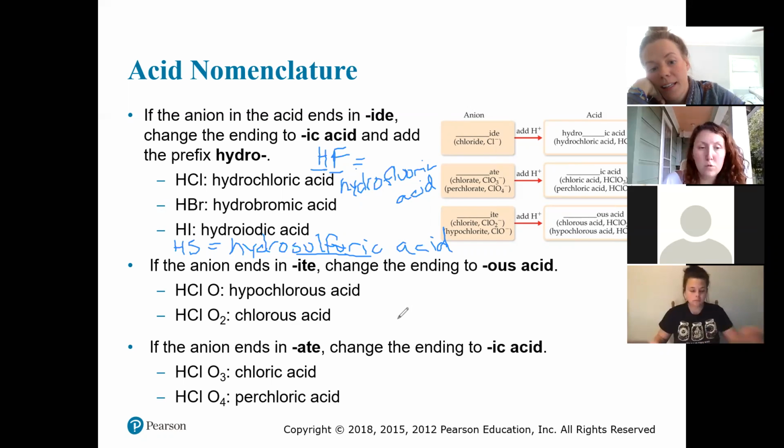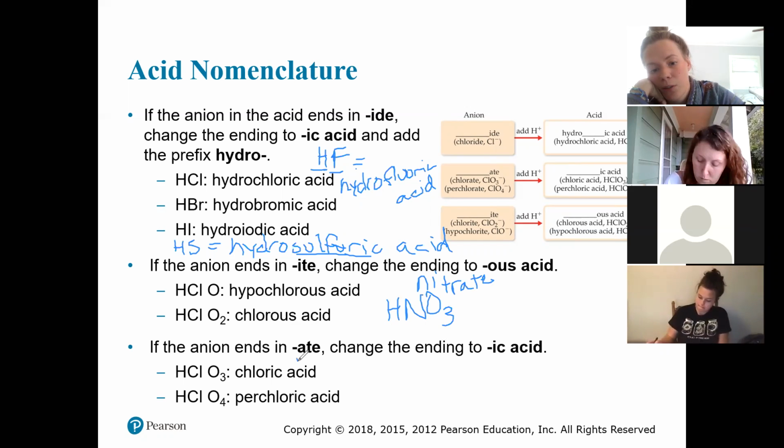If I have something like this, let's do HNO3. This is hydrogen combined with nitrate. Okay, so I'm going to use this pattern over here. This would be nitrous, or I'm sorry, my bad.